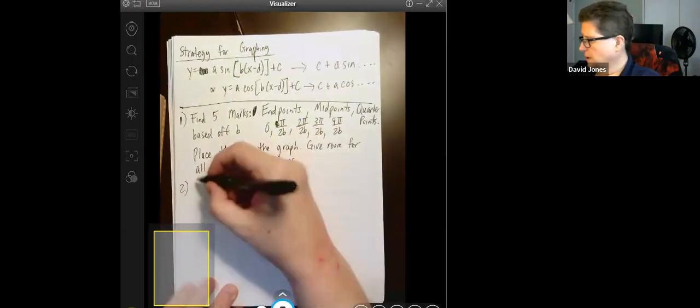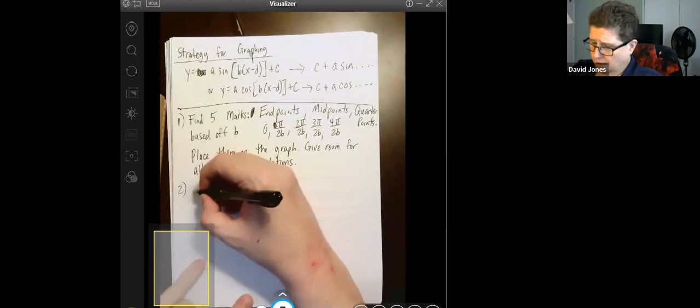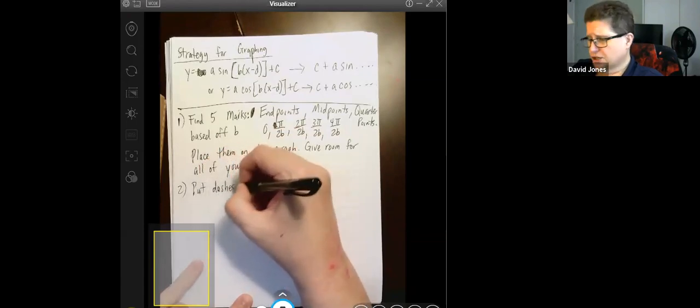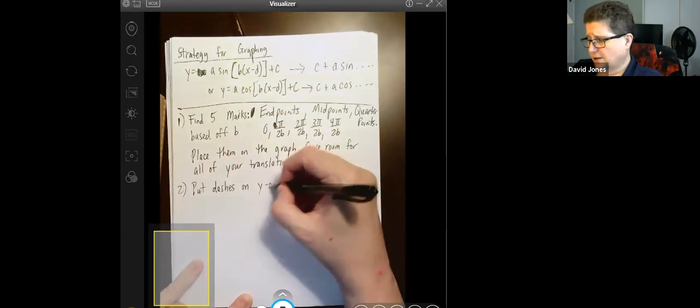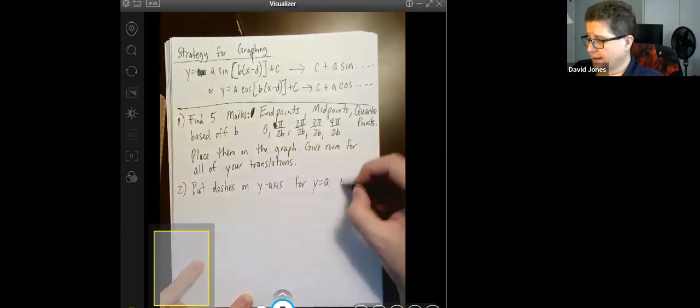Two, make a note. Put dashes in. Put dashes on the y-axis for y equals a and negative a.